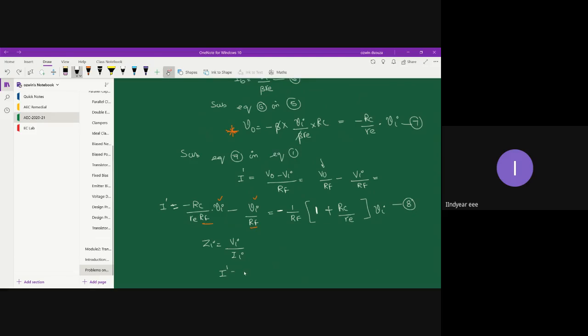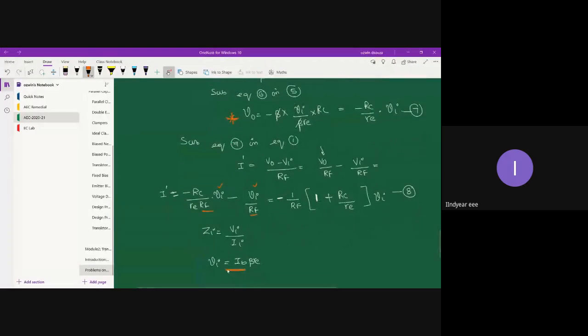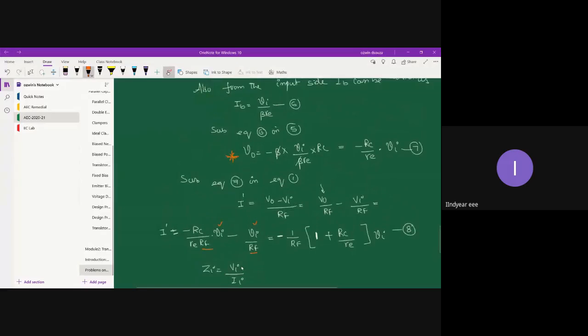Just a minute. Yeah. So Vi, we can write it as Ib into beta R. You have already seen this, right? Let me just give some trace where I have already discussed this expression. Vi is equal to Ib into beta R. Here it is.